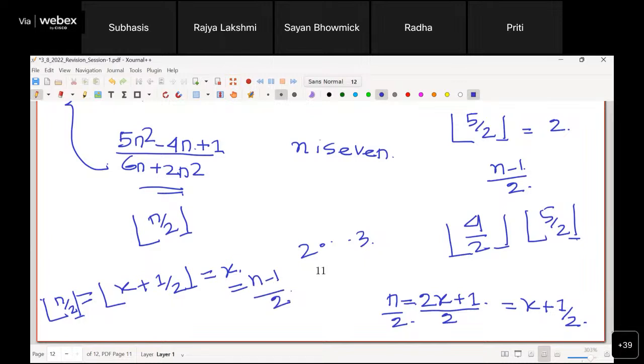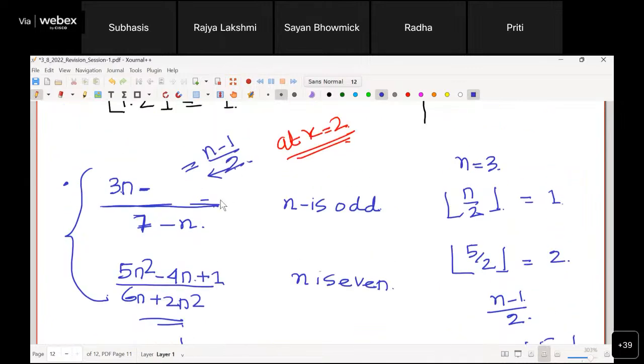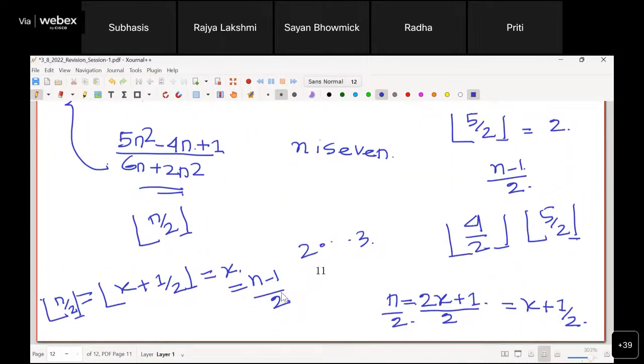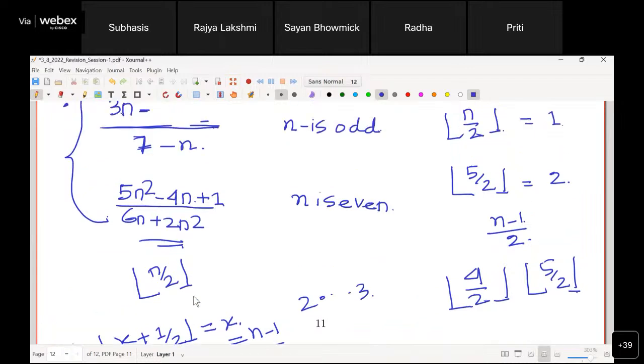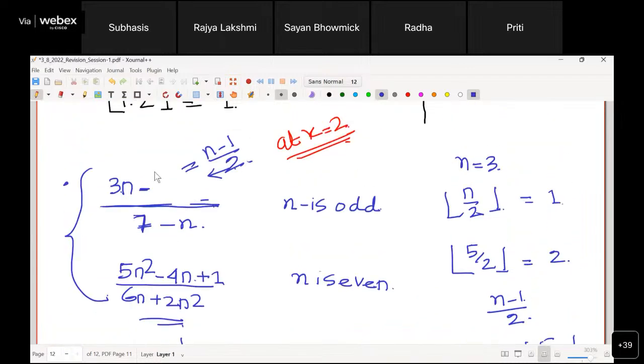Finally you have to come back to this. So you have given a perfect mathematical proof of why the greatest integer of n by 2 is n minus 1 by 2. Finally you have to write this in terms of n. If you write it in some other form, you will be in trouble and can't find the limit. Okay, sir. So now it's clear, right? Yes, sir, it's clear.